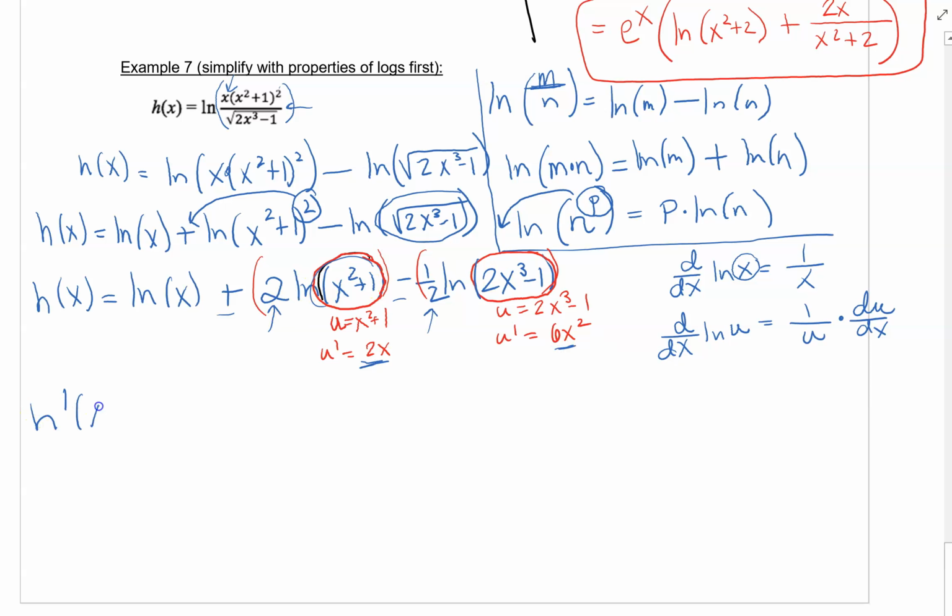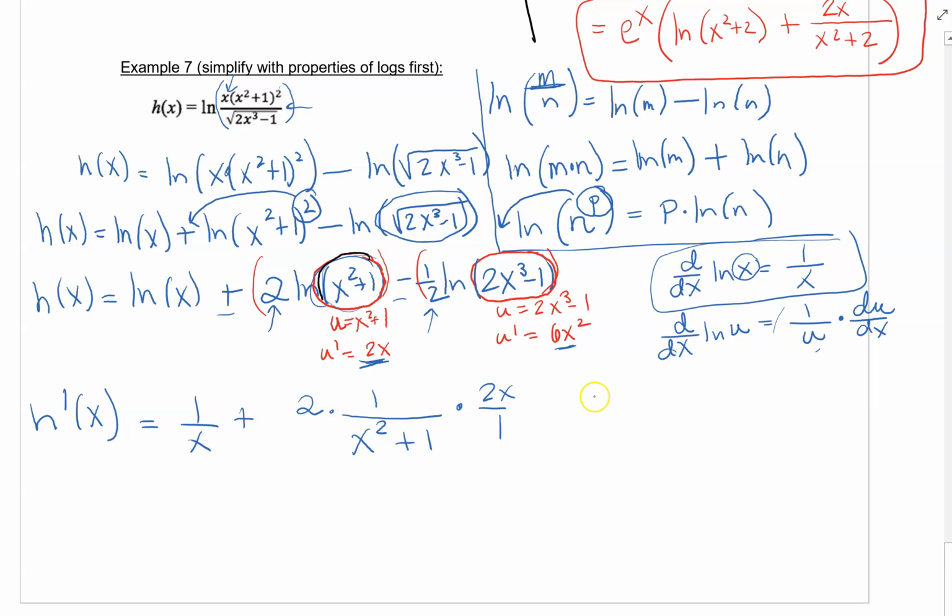So h prime of x is going to be 1 over x based on this derivative, plus 2, because of the constant multiple rule, times 1 over the blob, 1 over u so to speak, based on this rule right here, 1 over the whole thing that was inside there, times the derivative of the thing inside, minus the constant multiple rule times the derivative of natural log, which is 1 over everything inside there, times the derivative of the thing inside.